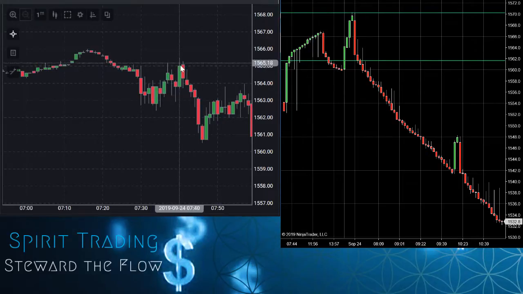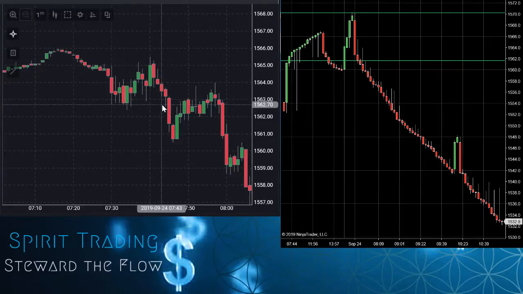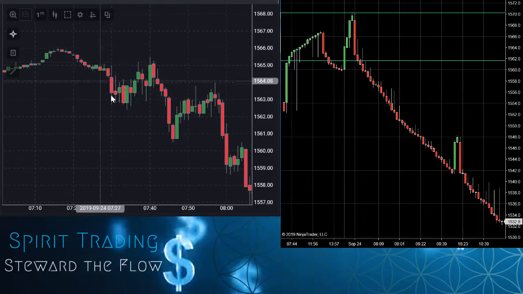This is a deeper pullback, so now when it engages again here, right? We get in. I'm gonna keep my stop further back to accommodate more ranging swings in the market.